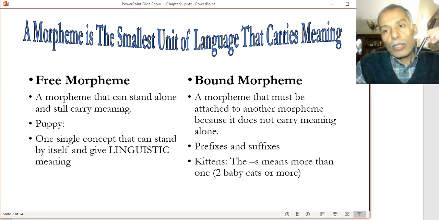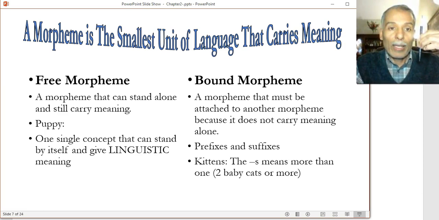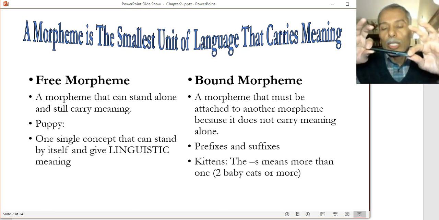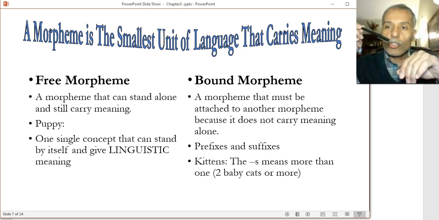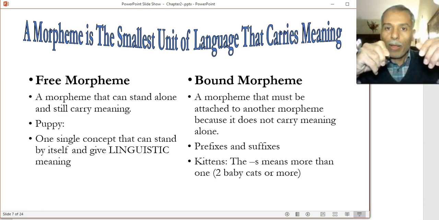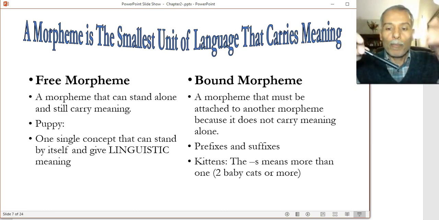How many concepts does the word pen convey? This is one linguistic meaning. It's an instrument that we use to hold between our fingers and write with. That is what a pen is in reality, as a concept.